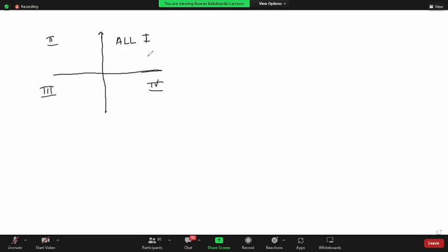For example, sine 30, cos 30, tan 30, all the values are positive.